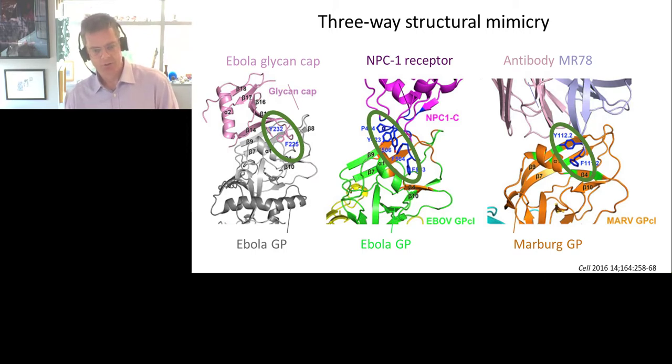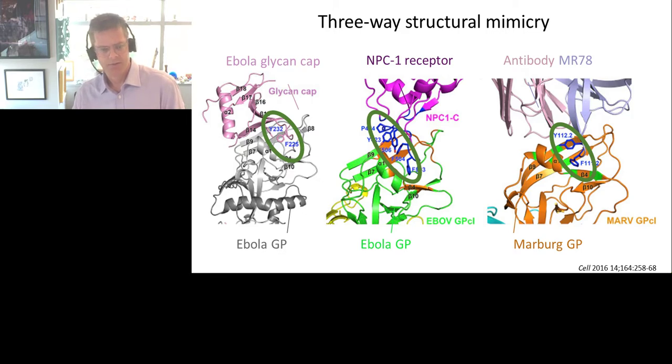And then George Gao's group in China, in this paper in Cell, then obtained the co-crystal structure of the NPC1 Niemann-Pick C1 receptor for filoviruses in complex with Ebola GP, and that receptor also interacts with Ebola GP with aromatic residues.